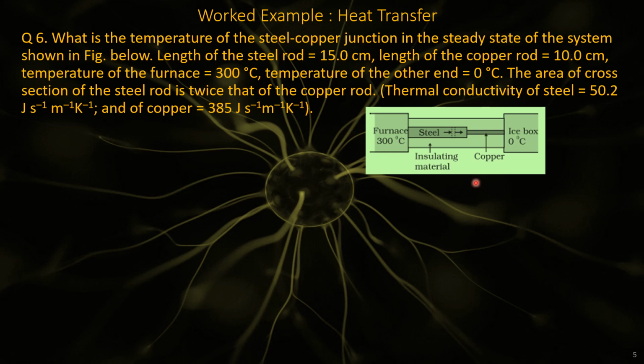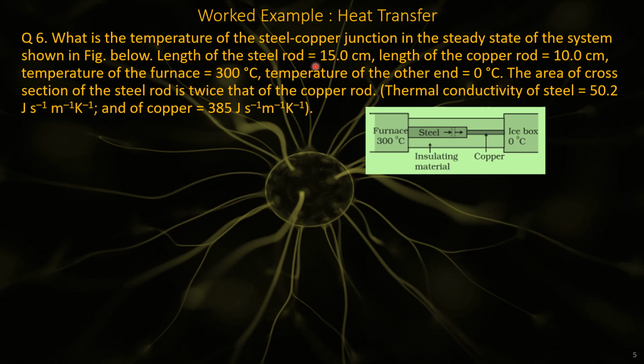The figure shows a furnace which is kept at 300 degrees Celsius connected to a steel rod and a copper rod as shown in the diagram, and it is bound by an insulating material so that the entire heat passes through this combination of steel and copper, and the other end is an ice box which is at 0 degrees Celsius. I will continue reading the problem.